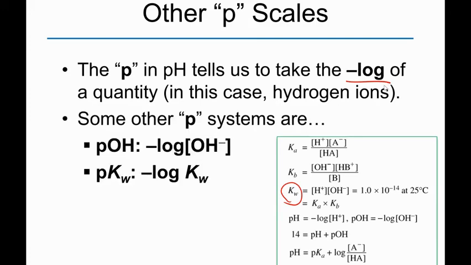And so just some examples here. pOH is the negative log of the concentration of OH minus. pKw is the negative log of the ion product constant for water, and so on and so forth. So just be aware that if you see that small lowercase p in front of anything, it really just means take the negative log of that quantity.